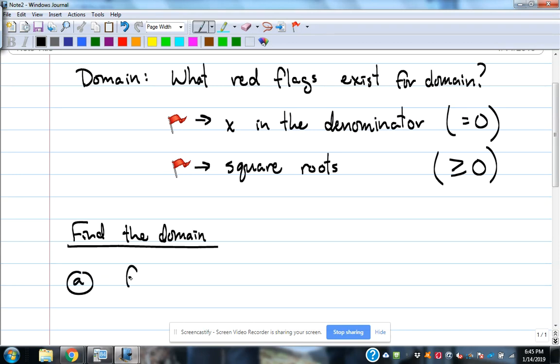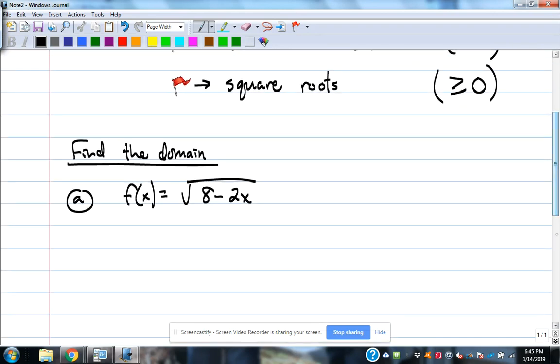Example A, let's do f of x is equal to the square root of 8 minus 2x. So this one has the red flag of a square root. It's got an x inside of a square root. So if that's the case, we're going to take whatever's underneath the square root. It doesn't matter what's on the outside of the square root, as long as we're taking just what's on the inside.